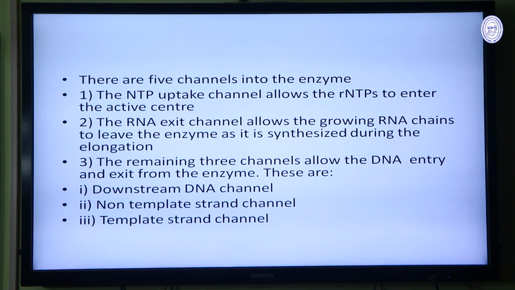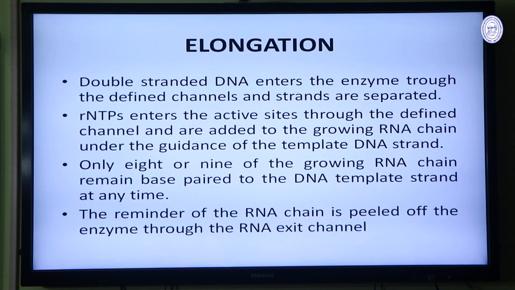The RNA exit channel allows the growing RNA chain to leave the enzyme as it is synthesized during elongation. The remaining 3 channels allow the DNA entry and exit from the enzyme. These are the downstream DNA channel, the non-template strand channel and the template strand channel.